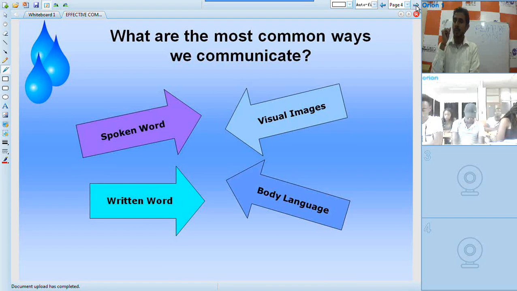Your body language also tells what you need to communicate to the person. These are the most common ways we communicate in our daily life with different persons.